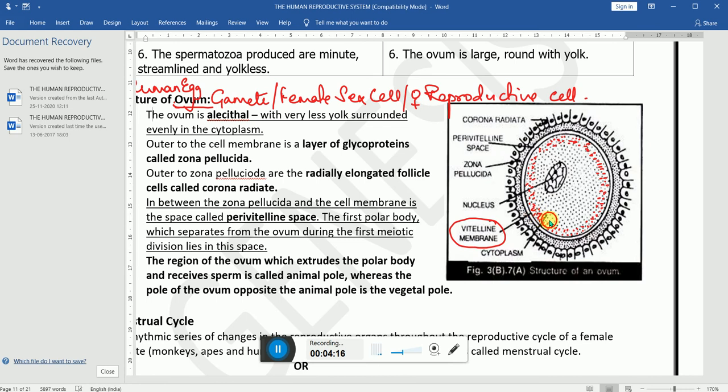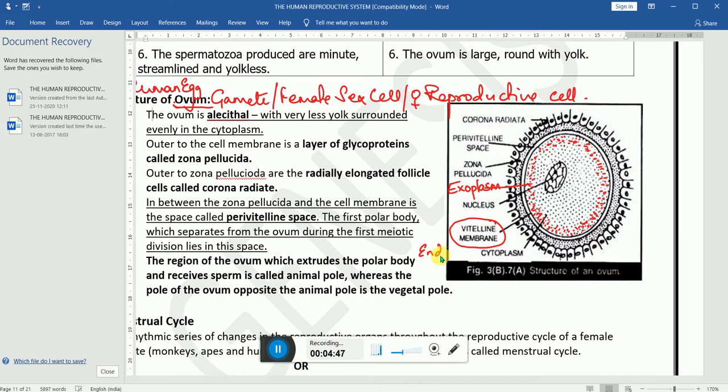I have done this in red, and this part is your exoplasm. Inside this we have what we call the endoplasm.